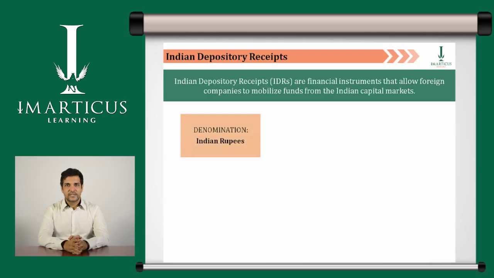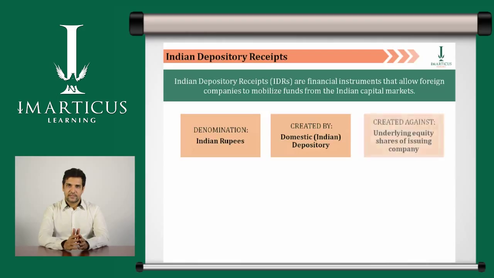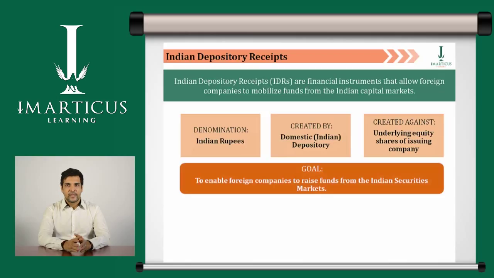They are denominated in Indian rupees in the form of a depository receipt created by a domestic depository which has to be registered with SEBI against the underlying equity of issuing company to enable foreign companies to raise funds from the Indian securities market.